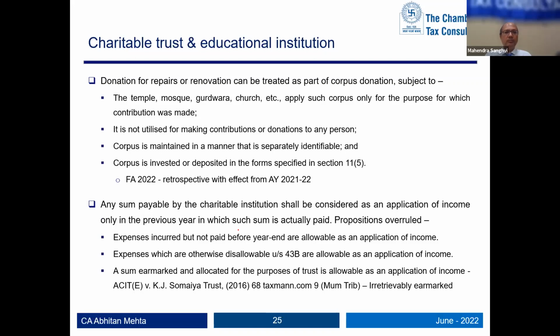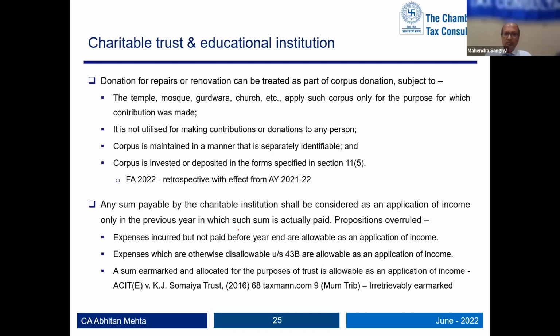Question: whether specific donations can qualify as normal donation or corpus. I think they are normal. Unless there is an instruction, it is a corpus donation. It's voluntary. If it's for a specific purpose, unless the principle is blocked, it should be. Generally, any donation is for advancement of objectives of the charitable institution.